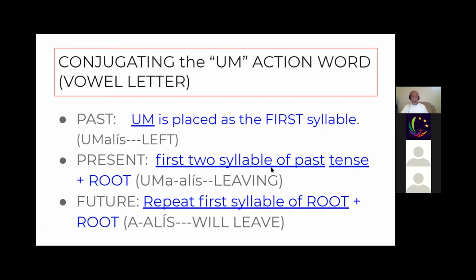Leaving is umaalis. You notice I retain the accent of the root, alis, umaalis, right? And then, as you all notice, the first vowel is repeated for the future. Aalis, will leave. Aalis, okay?